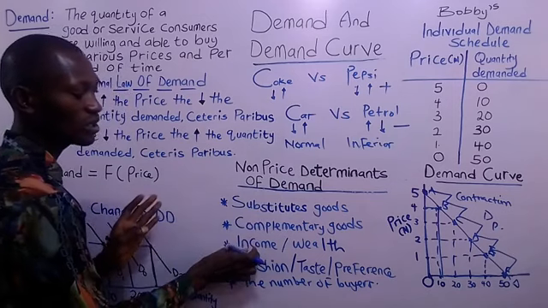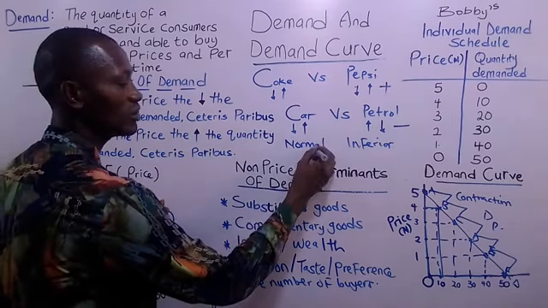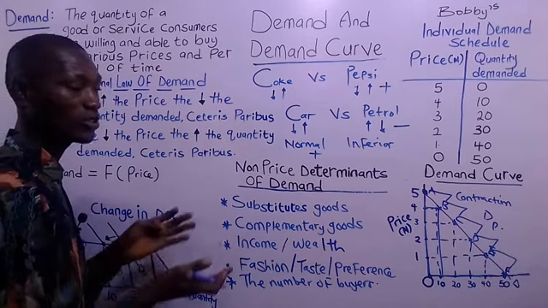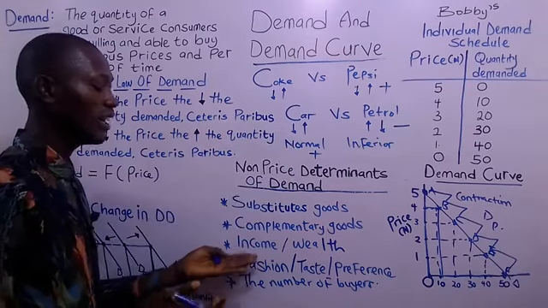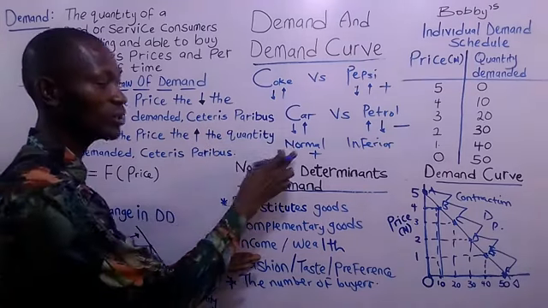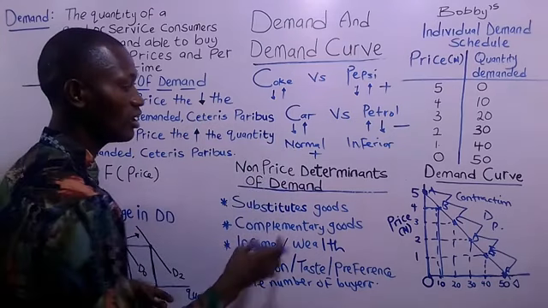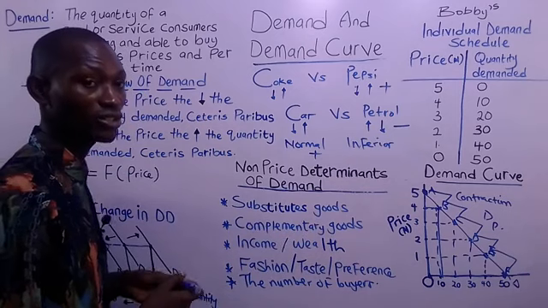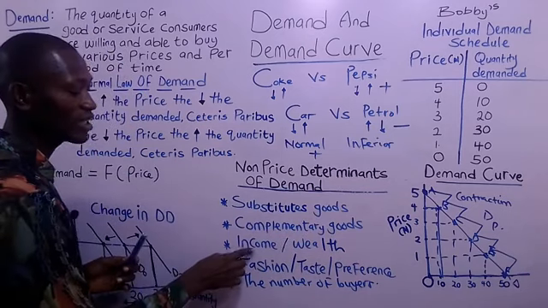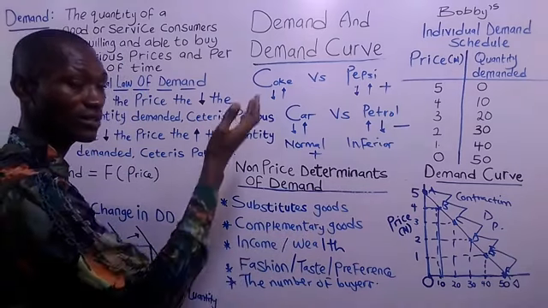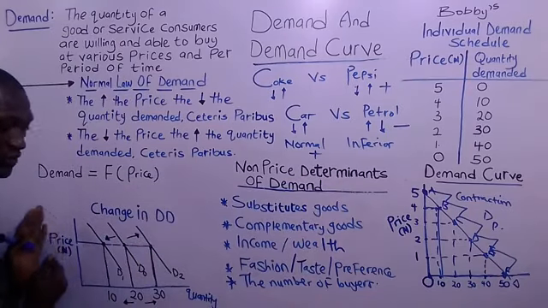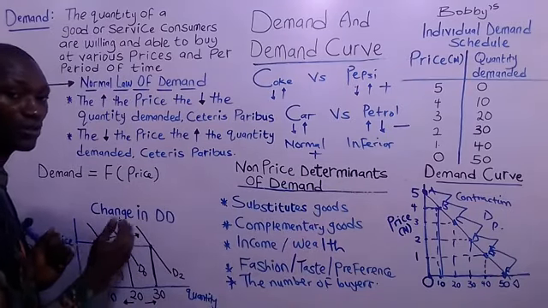So the relationship between income and normal goods is said to be positive, because an increase in income will lead to an increase in the demand for normal goods, and a decrease in income will lead to a decrease in the demand for normal goods. Inferior goods have a negative relationship with the level of income. That means as income rises, the demand for inferior goods falls, and that will shift the demand curve of inferior goods to the left.